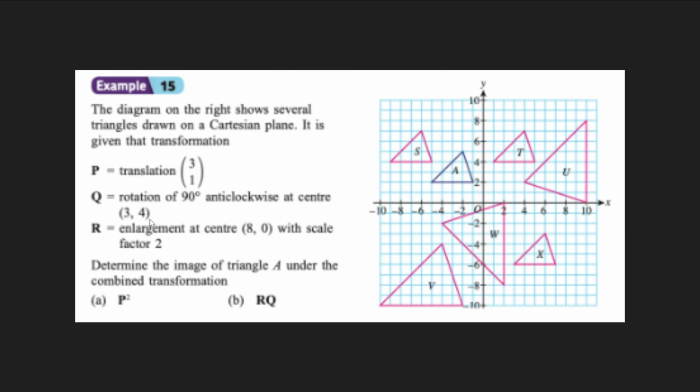But first, you have to do the rotation Q, and then the enlargement at center (8, 0) with scale factor 2, which is R. So the rotation 90 degrees anti-clockwise at the center of (3, 4). So 3 is here and 4 is here.